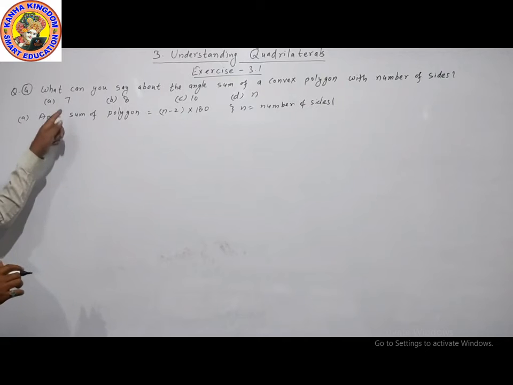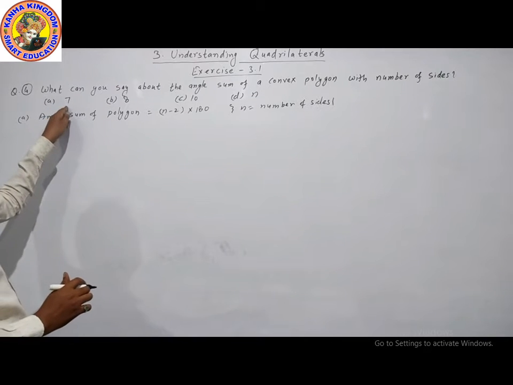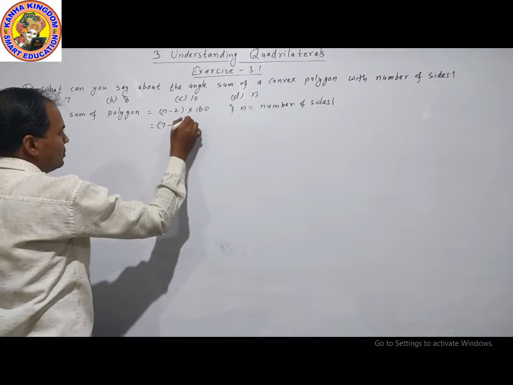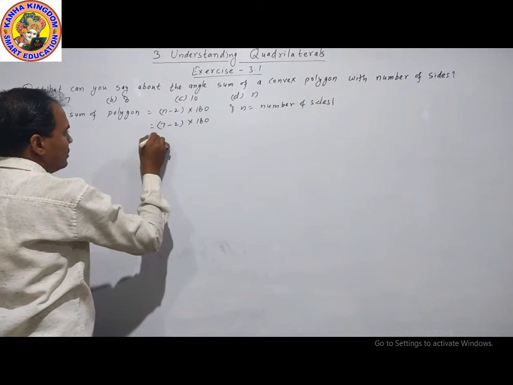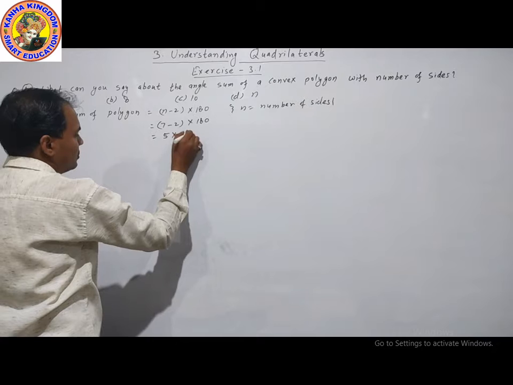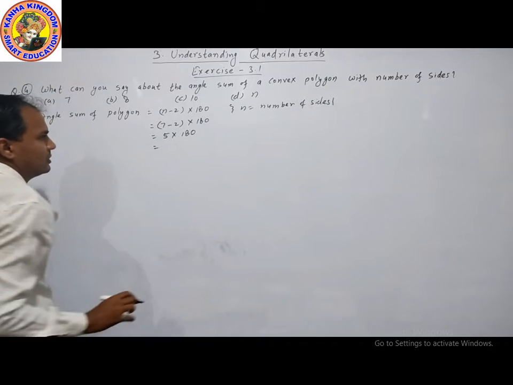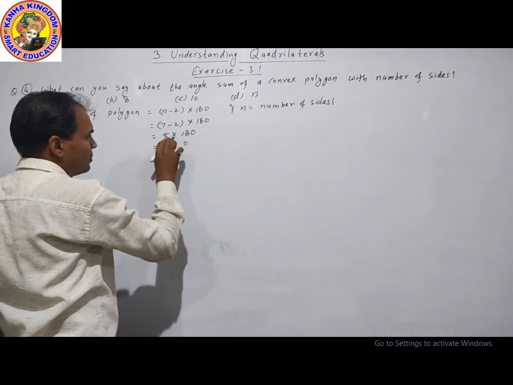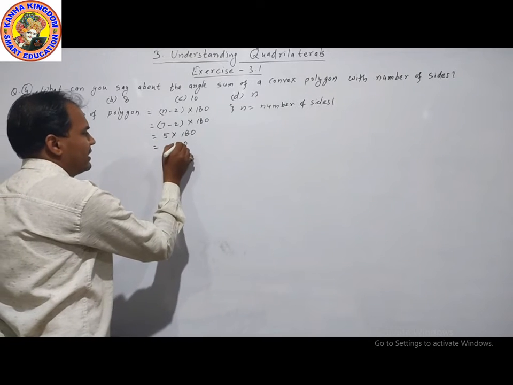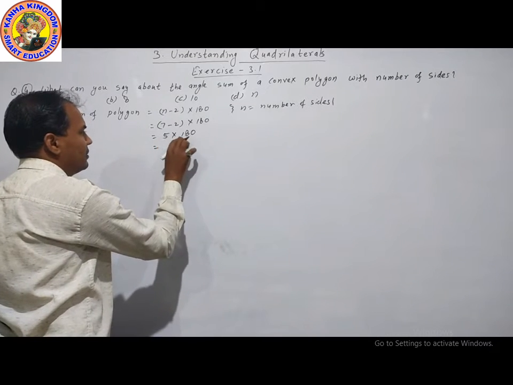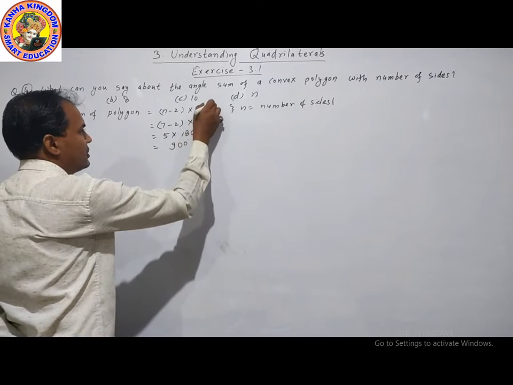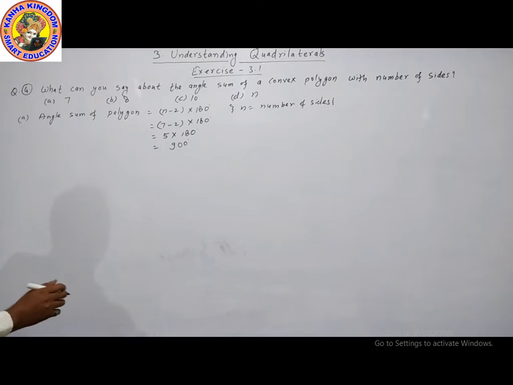So the number of sides in the first question is 7. 7 minus 2 into 180 is 5 into 180, which is 900. So this is 900 degrees.